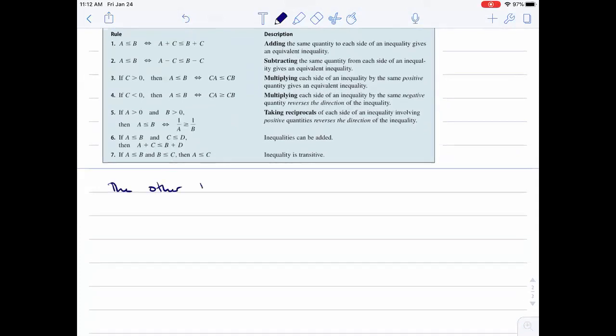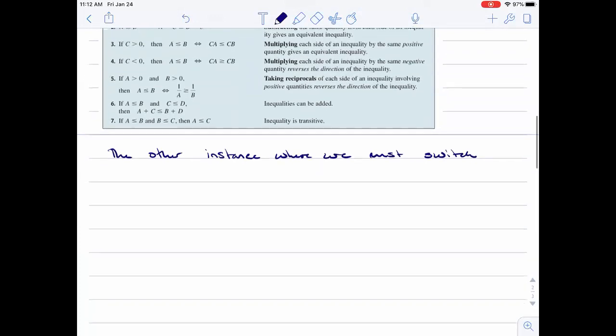The other instance where we must switch the inequality is if we take the reciprocal of both sides.